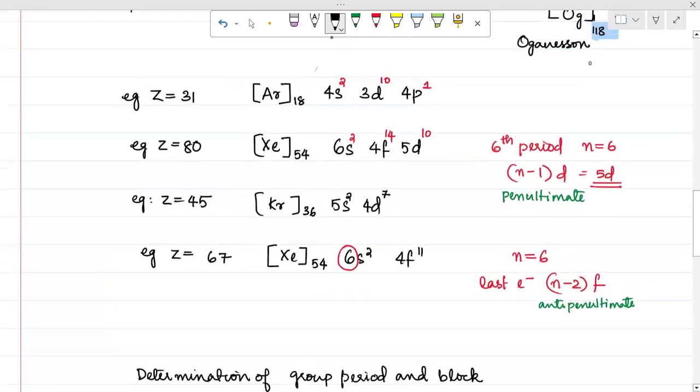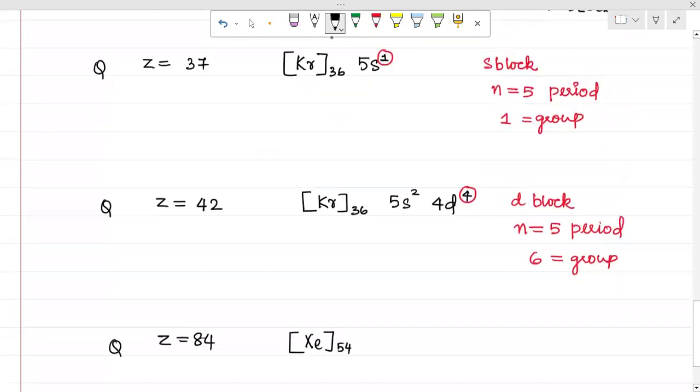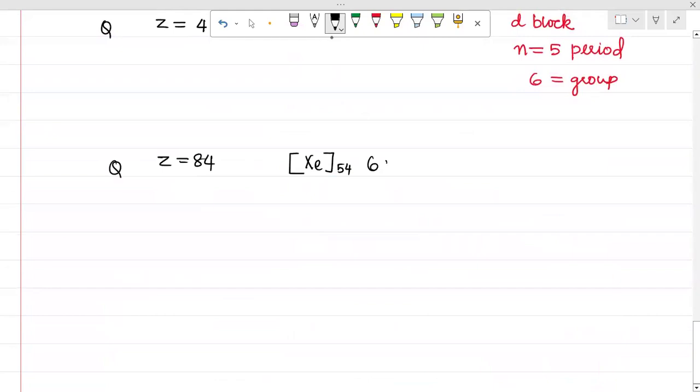After which you have 6s, 4f, 5d, and 6p. 84, no? So 2, 14, 10, 54, 64, 74, 84. This is how it is.